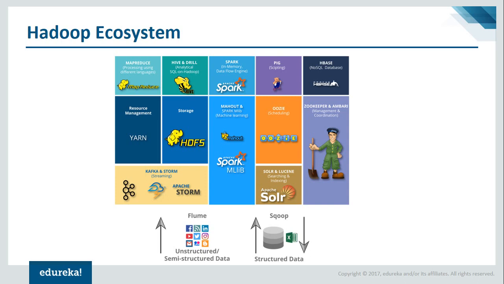Then for ingesting data, we have got Flume and Sqoop. Sqoop is used to ingest structured data, and Flume is used to ingest semi-structured or unstructured data, that is live data coming from social media, etc. If you can also see the icons there, those are all social media icons. So it definitely handles live data coming from social media. And nowadays social media analytics is very, very useful.